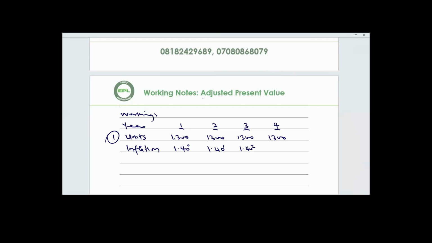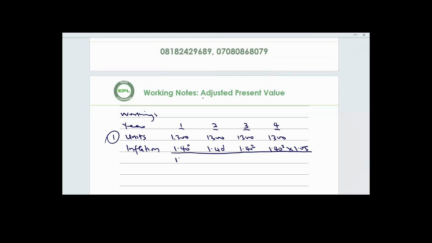We are now told that from year 4 the growth falls from 40% to 5%. So the 40% inflation of year 2 and year 3 now falls to 5%. Therefore, I would say 1.4 raised to power 2. That is what you have in year 3. Then it now falls to 5% inflation. That's 1.05.